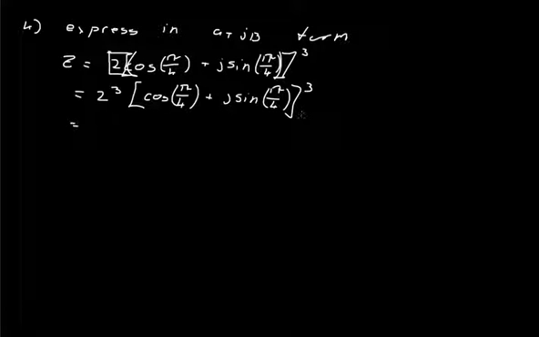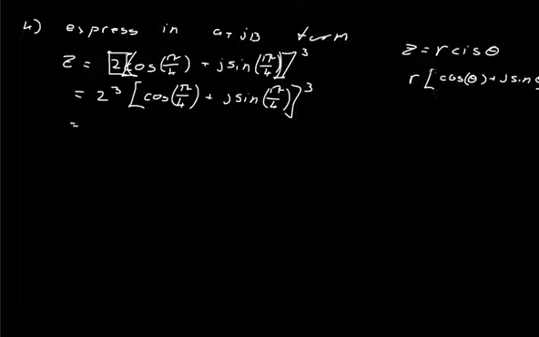Okay. What you need to realize is that this is just written in the form Z equals R cis theta, because that is R cos theta plus j sine theta.